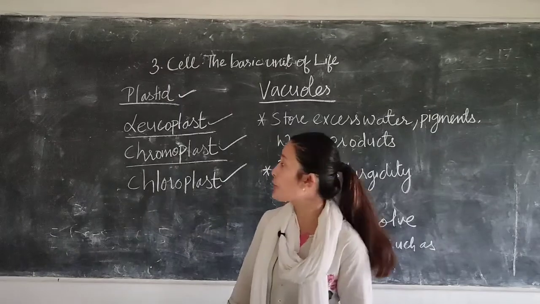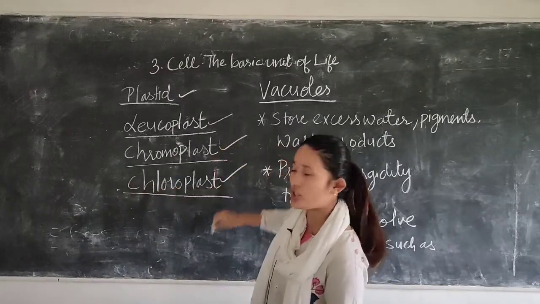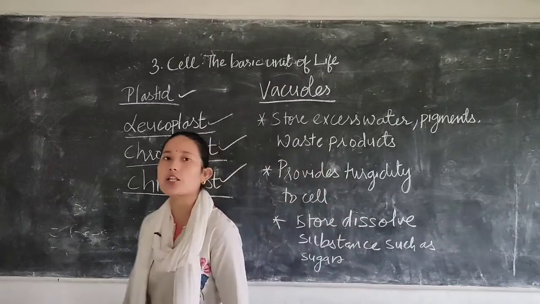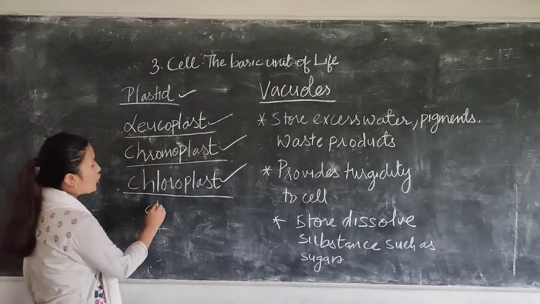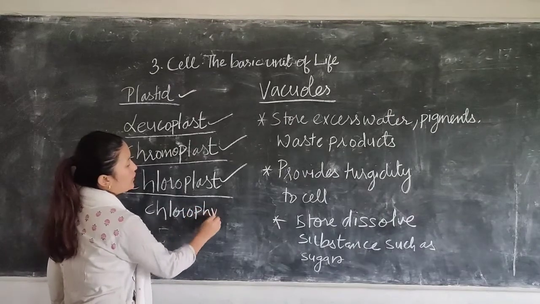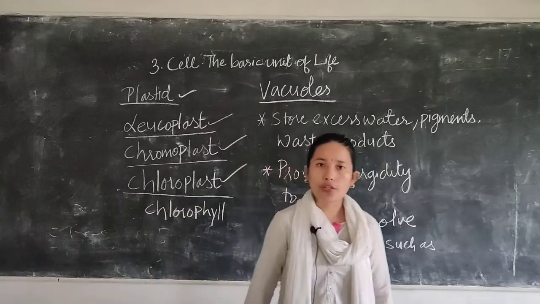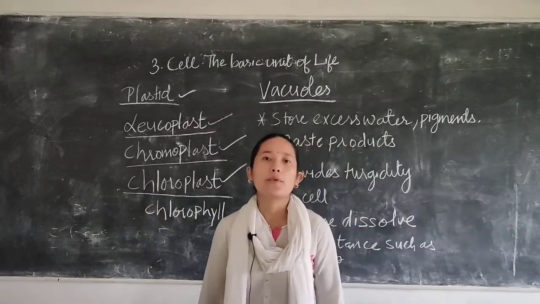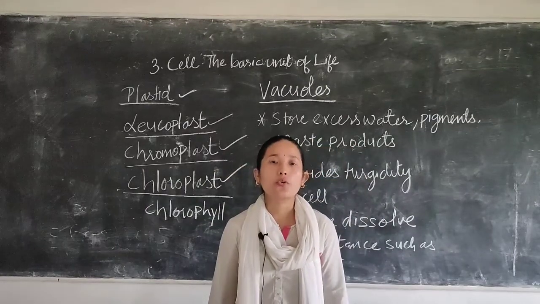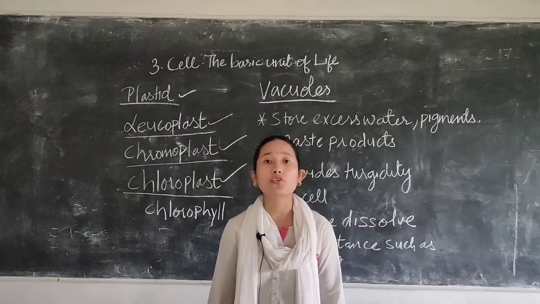Now next, which you are very much familiar with, is your chloroplast. Chloroplast consists of a pigment called chlorophyll. What is the function of chlorophyll? Chlorophyll is a green color pigment which helps in trapping the sunlight and helps in performing photosynthesis.